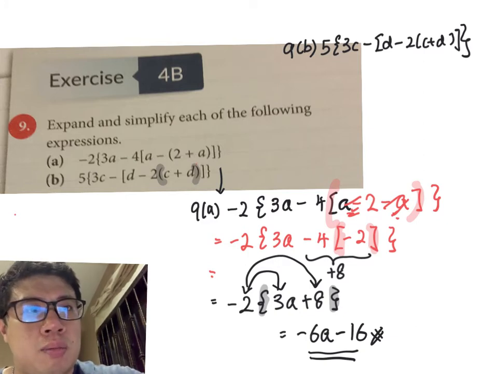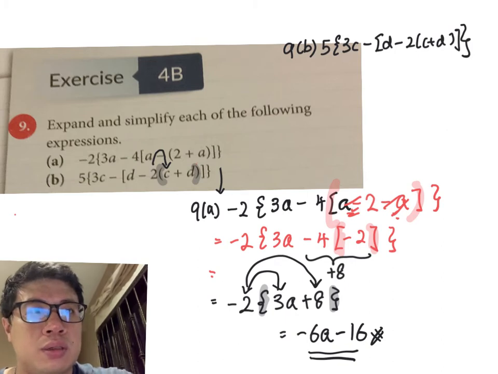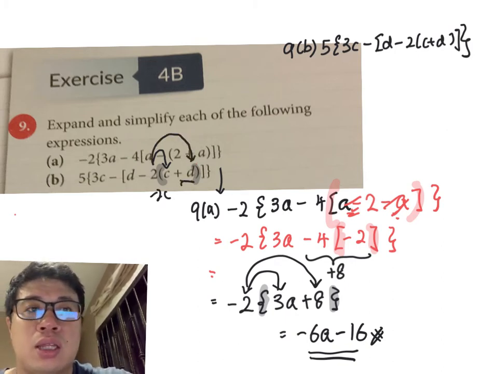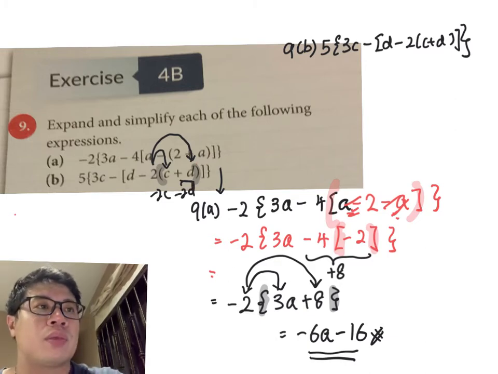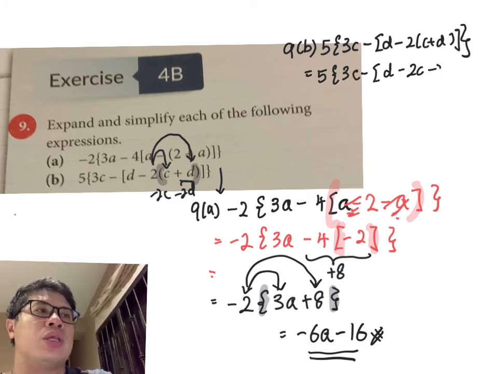So minus 2 positive c, that gives me a minus 2c, right? Minus 2 positive d, that gives me a minus 2d. So with that, you can see I'm just slowly going to remove the first inner layer, minus 2c, minus 2d.